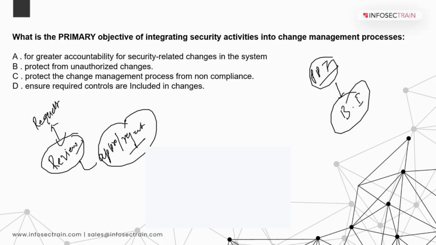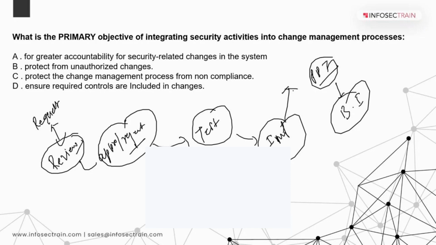When you get approved, then what will you do? You have to test. Where do you test? In a testing environment, sandbox environment, a non-production environment. You have to test, and after that you have to implement.